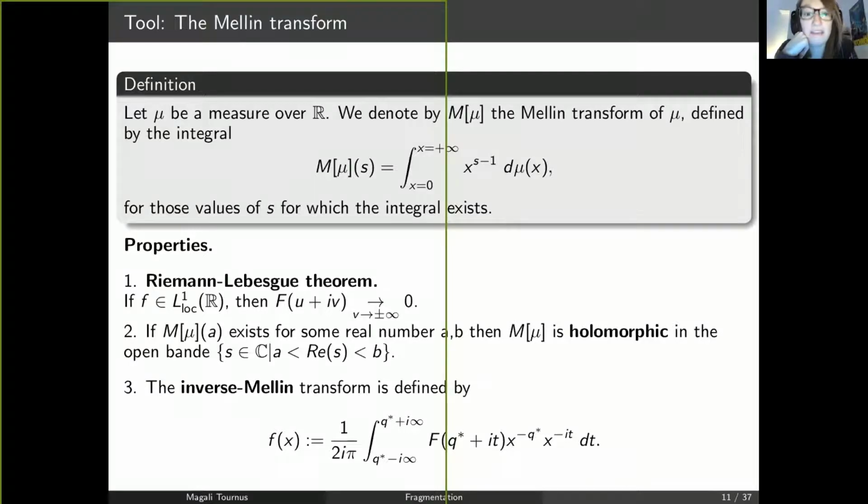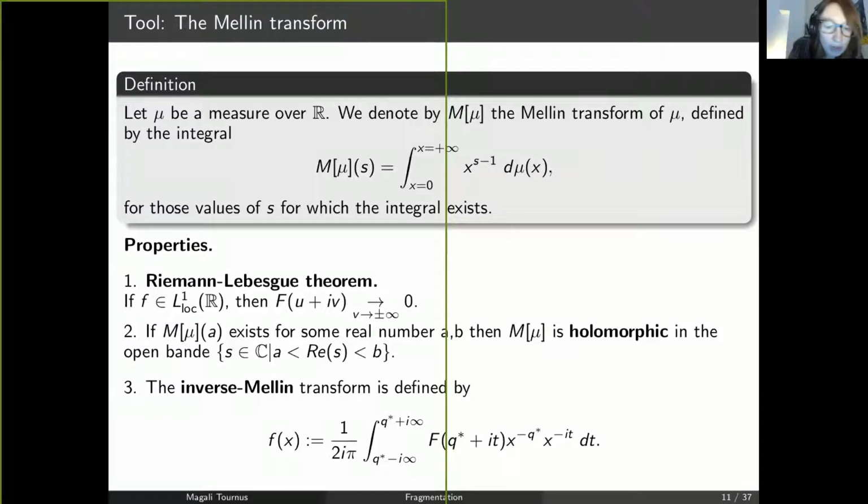We have an inversion formula of the Mellin transform. If you know the Mellin transform capital F of density small f, then to recover small f, you need to integrate capital F on a vertical line of the complex plane. Here in the formula, the vertical line has some real part Q star.